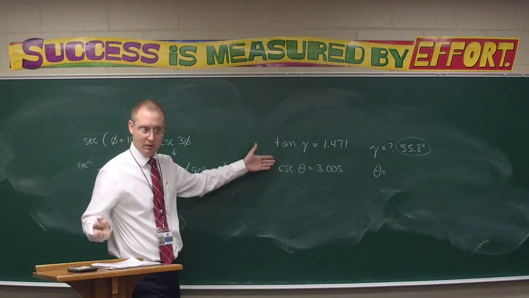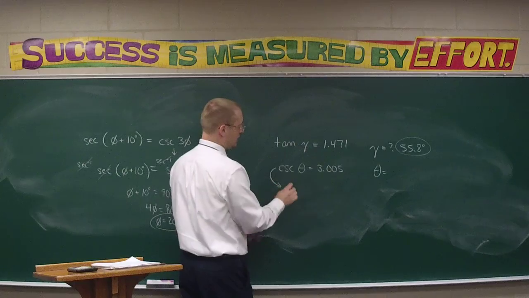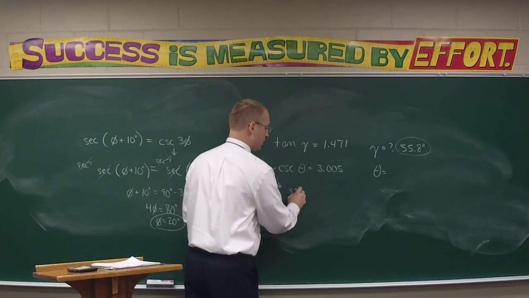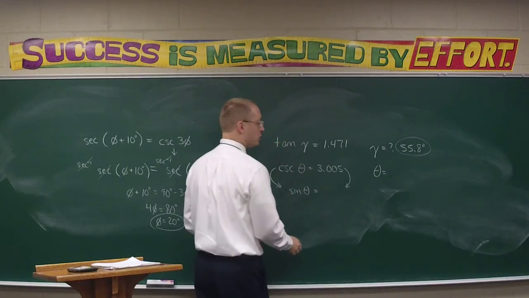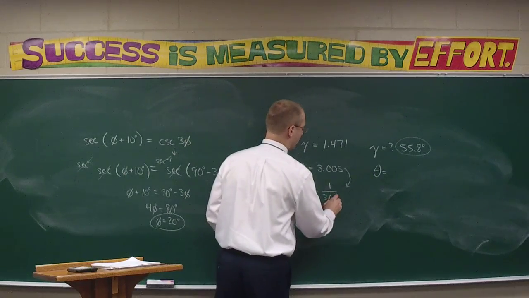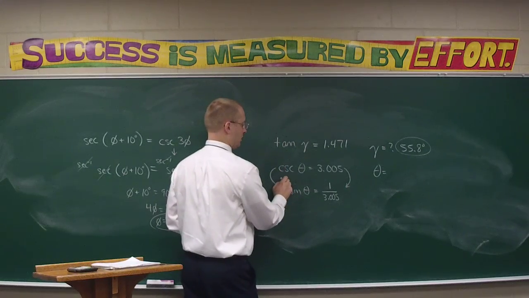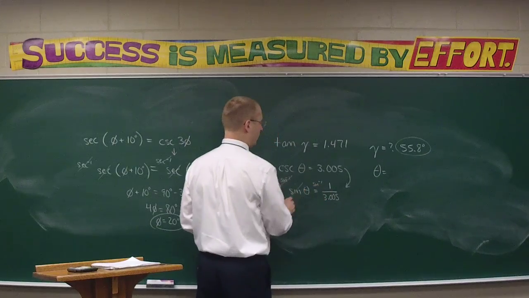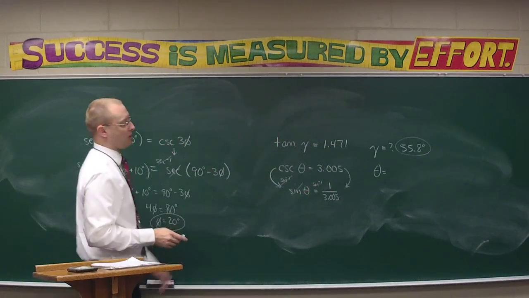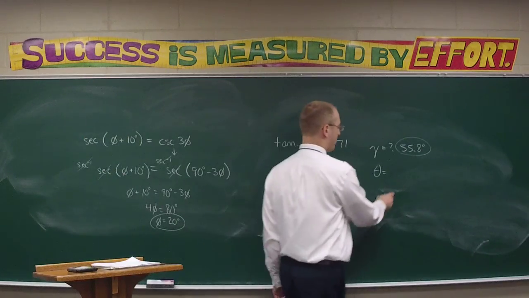But problem? There's no arc cosecant. So we have to first change this from cosecant to sine. But if we do that, we also have to change 3.005 into 1 over 3.005 with the reciprocal. Now we can take the arc sine. So we're going to take the arc sine of 1 over 3.005, and what do we get for our angle? 19.4 degrees.